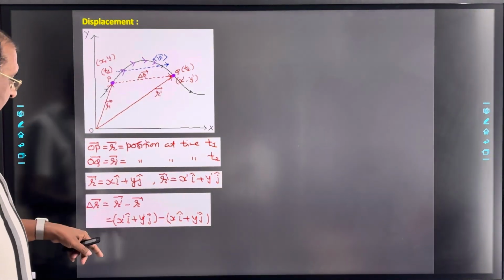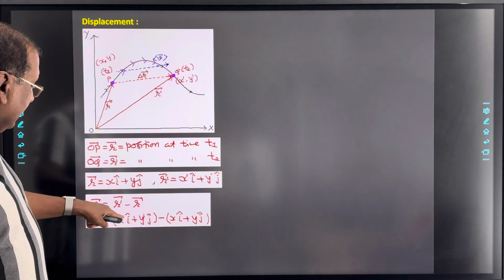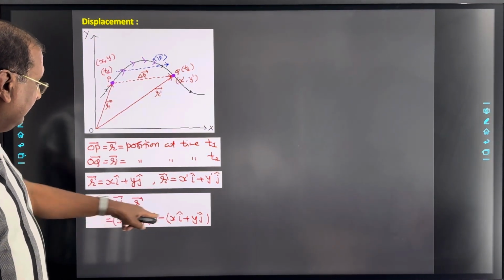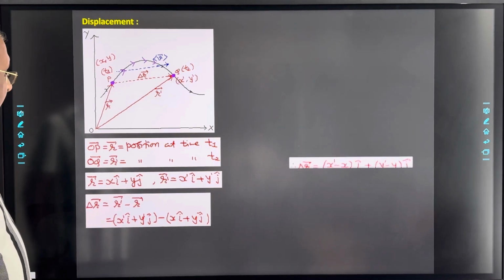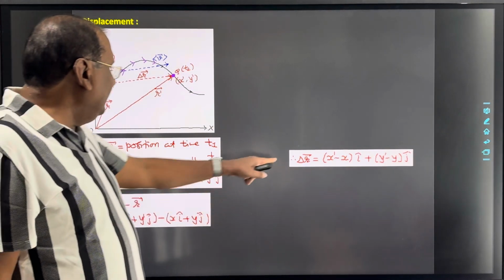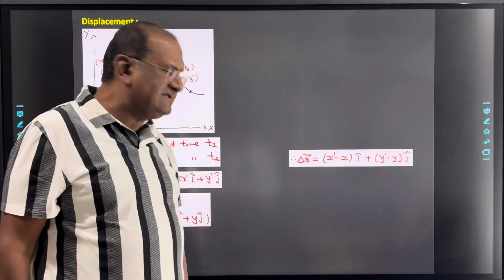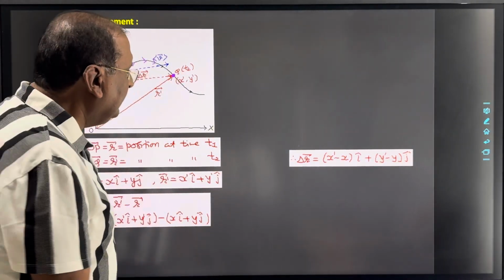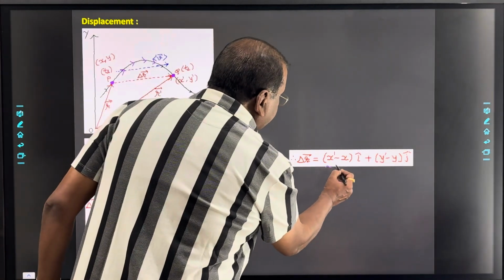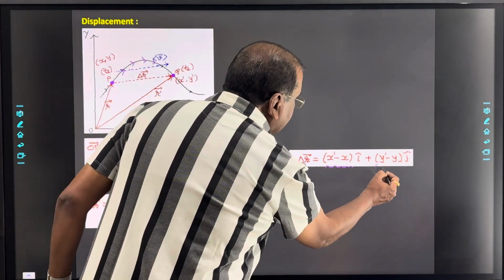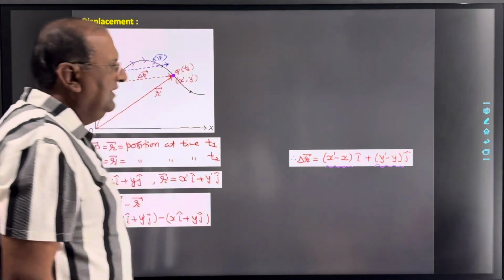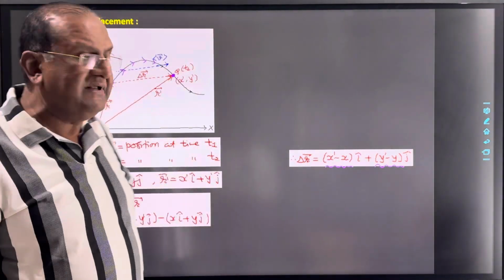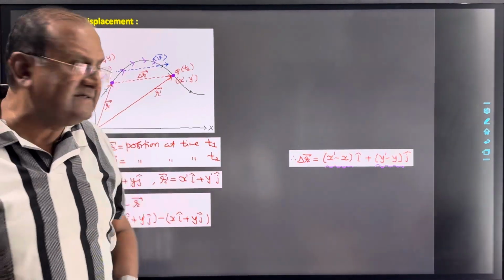Now here, suppose first we take x dash i caret minus x i caret, and if we take i caret common, then simply we can write delta r as (x dash minus x) i caret. Similarly, (y dash minus y) j caret. So this one is the difference of x coordinates. This is the difference of y coordinates. So x dash minus x, we can represent as delta x.